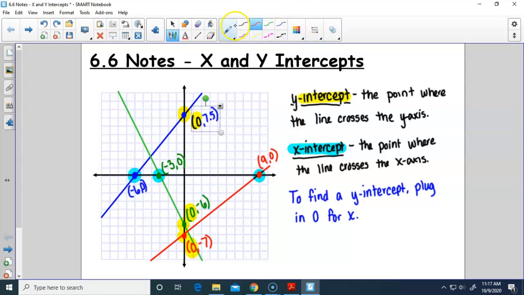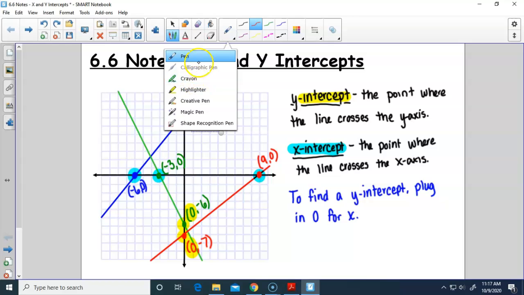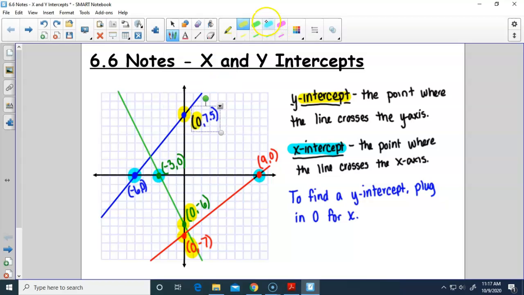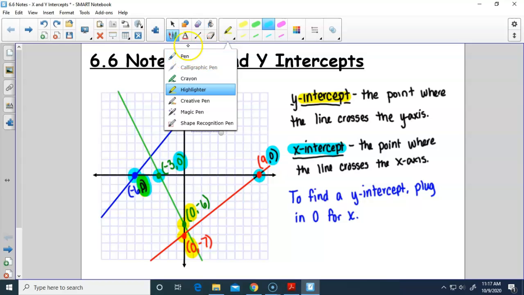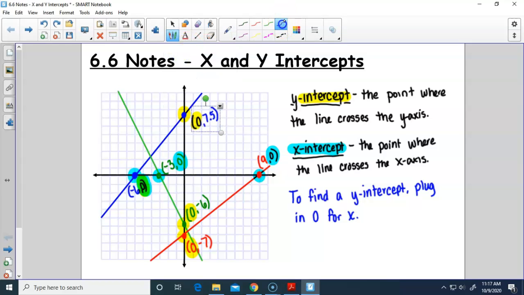If we look at all of our y-coordinates, we got 0, 0, 0. So whenever we have an x-intercept, our y is 0. It's sort of backwards from the way that you might think.